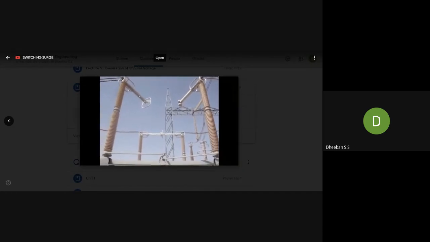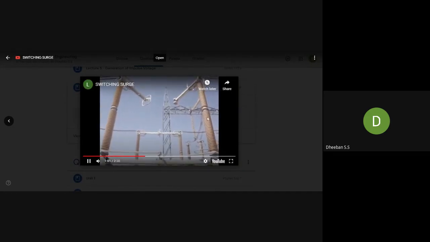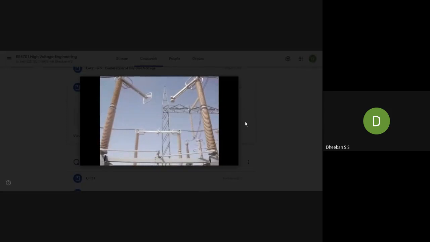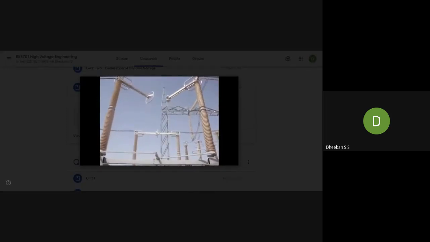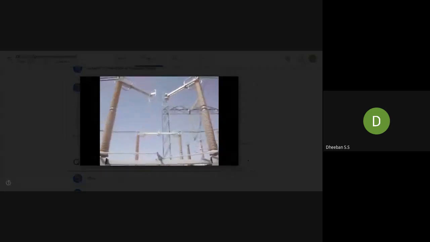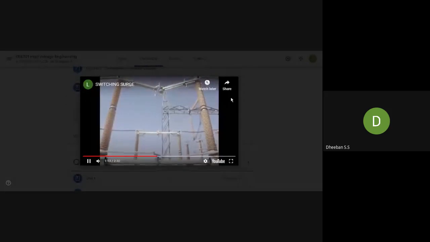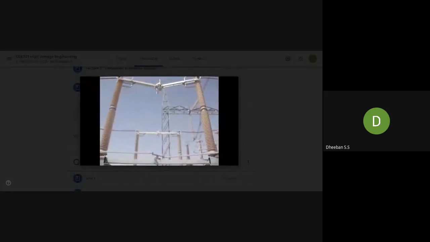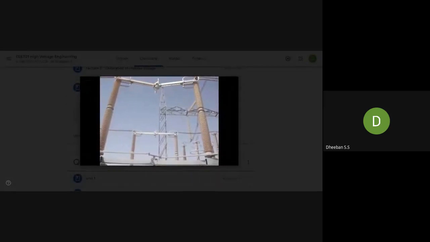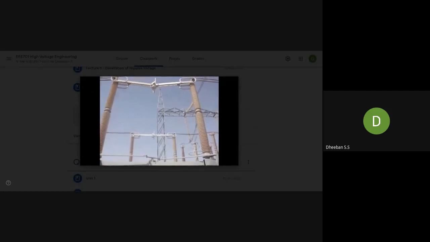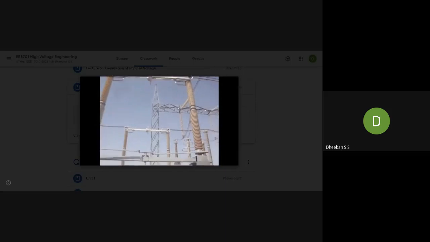These are nothing but transformers, CTs and PTs, which are in the substation. There you can see a surge. Before getting to that, during closing also the formation of surge is possible, not during the open condition alone.